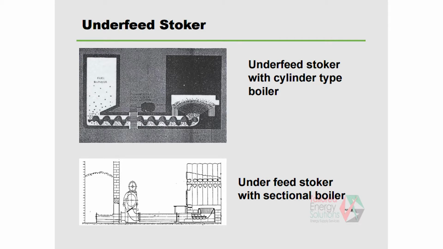Underfeed stoker boiler. This boiler has been widely used in smaller industry, schools, and small hospitals. In this section, the coal bunker sends the coal through the screw into the retort. There's another boiler section with the same principle.